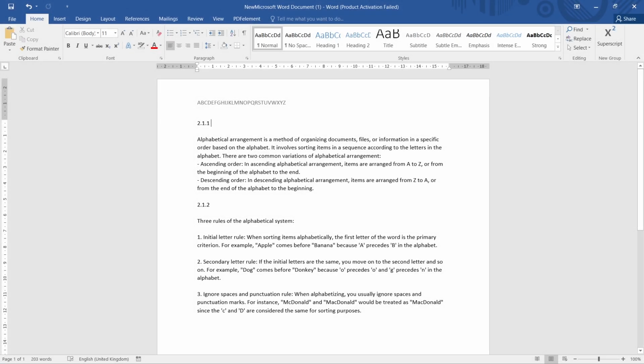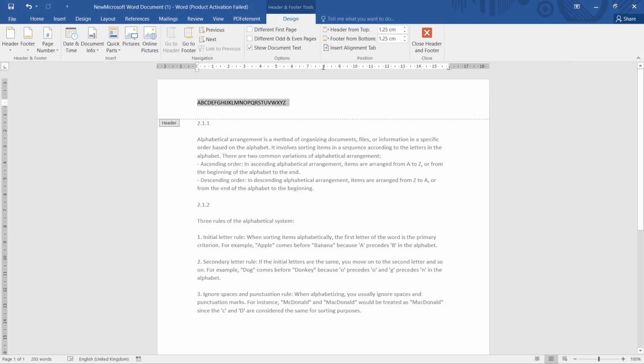Now, I want us to look at these alphabets that I wrote up here. Right, so we have your A, B, C, D all the way to Z. Now, this is the alphabetical system sequence. This is the alphabetical sequence starting from A all the way to Z. Now, when you arrange a list or your documents or information in ascending order, that means your list will begin with any words that begin with A, and it will end with any words that begin with Z. You understand?